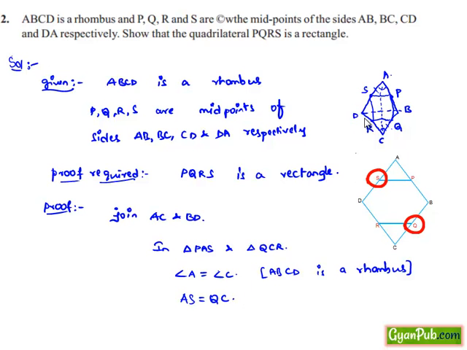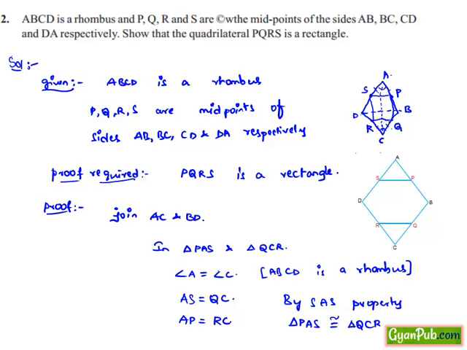Since we know that in a rhombus all the sides are equal, S divides AD at its midpoint and Q also divides BC at its midpoint, so AS is equal to QC, and similarly AP is equal to RC. Now in both the triangles, two corresponding sides and the included angle between them are equal, so by SAS property we can say that triangle PAS is congruent to triangle QCR.